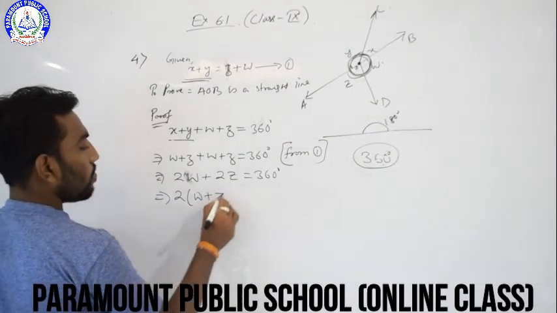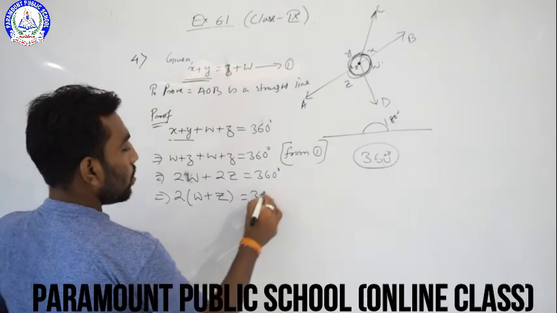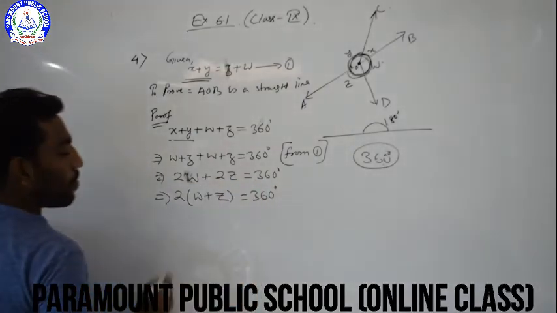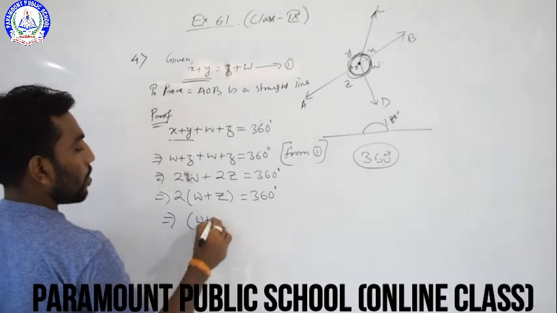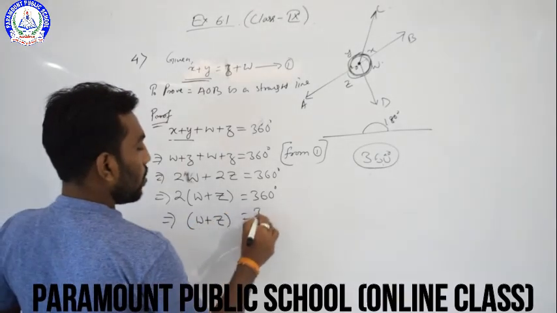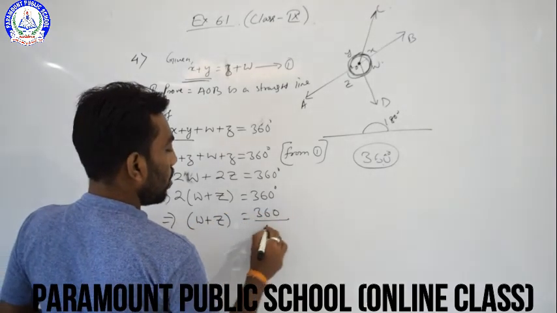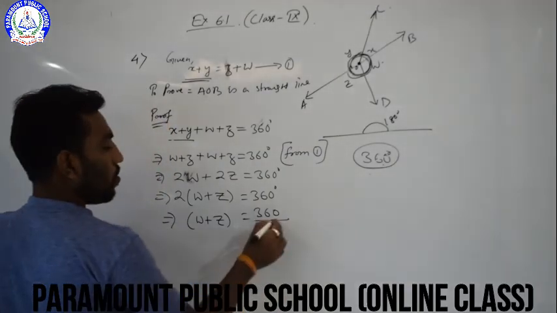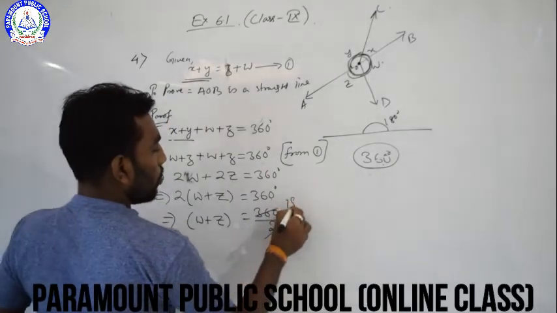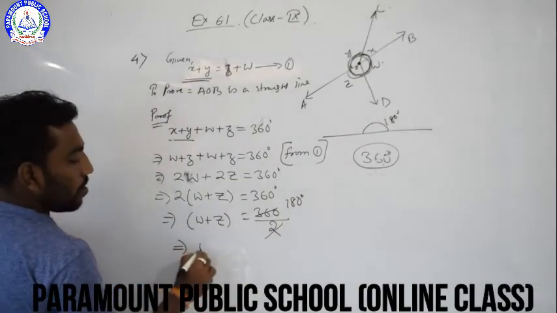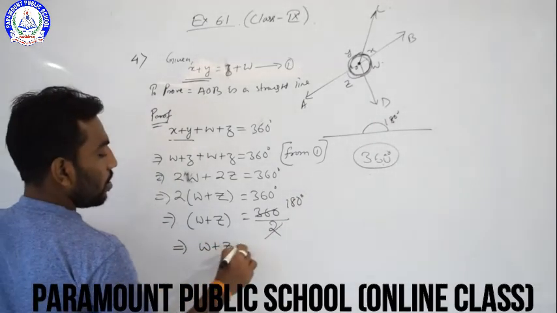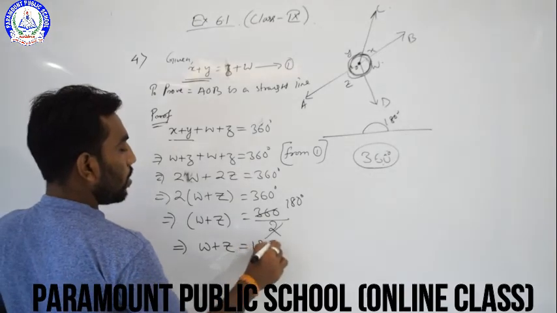So 2 times w plus z is equal to 360 degree. If this 2 goes that side, w plus z is equal to 360 degree by 2. So if we cancel out, it will become 180 degree. So we can see w plus z is equal to 180 degree.